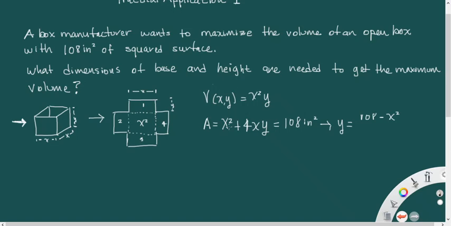If we move this x squared to the right, it will become negative. And divided by, if we move this, this is adding, it's going to be subtracting, and then this is a product. So if we move this 4 times x right here to isolate y, we will come up with this solution. So if we solve for y this expression, y is equal to 108 minus x squared divided by 4x.